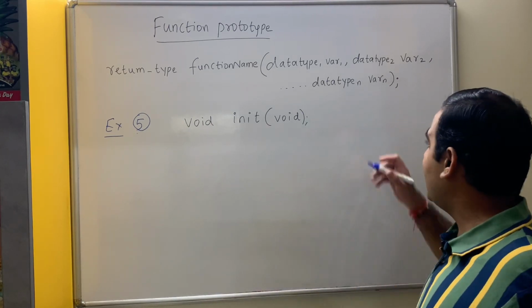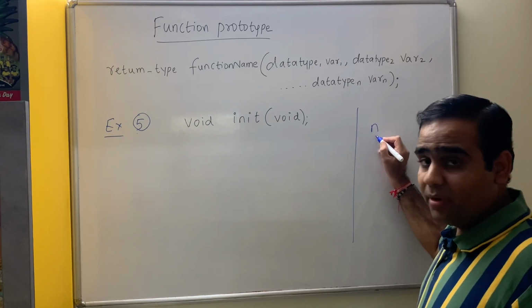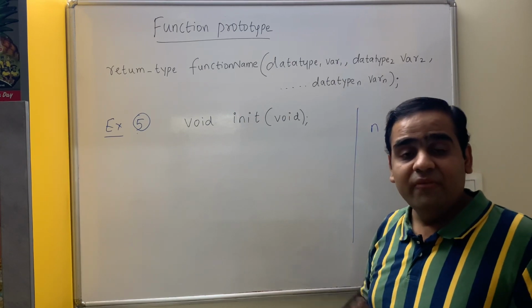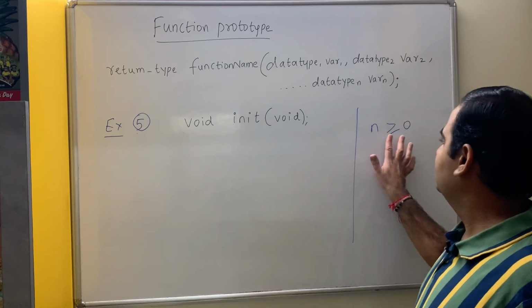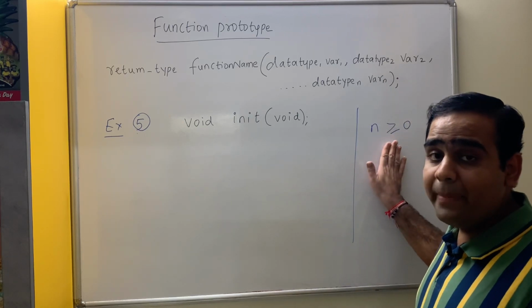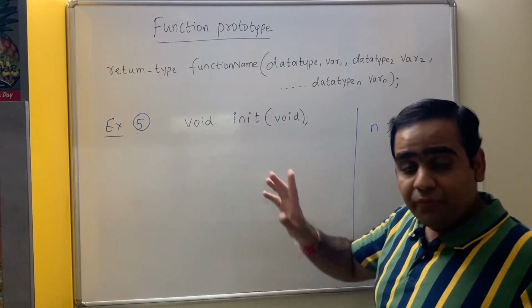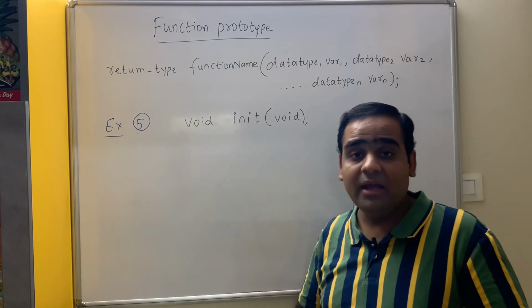If n is the number of parameters, it can be greater than or equal to 0. Whenever I say greater than or equal to 0, that means a function can take 0 or more inputs. Init is a function which does not take any input and it does not return any answer.